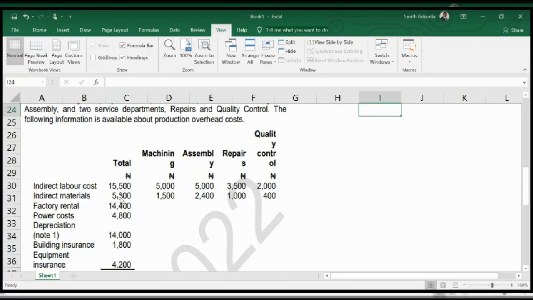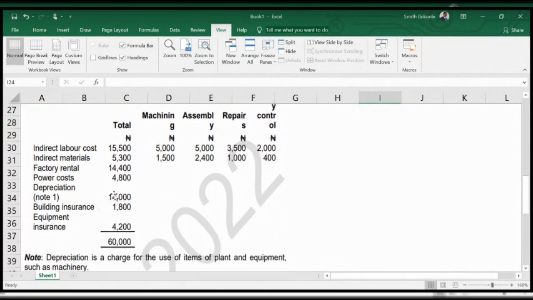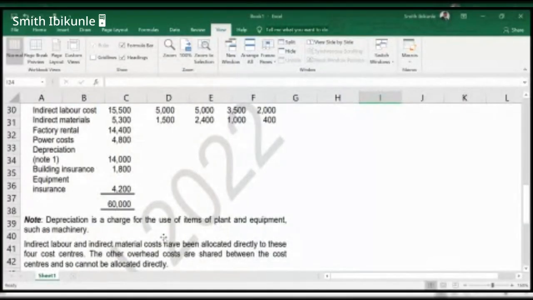Indirect materials has been shared also, 1,524. But factory rental, power costs, depreciation of building, building insurance, and equipment insurance have not been shared. Depreciation is a charge for the use of items of plant and equipment such as machinery.